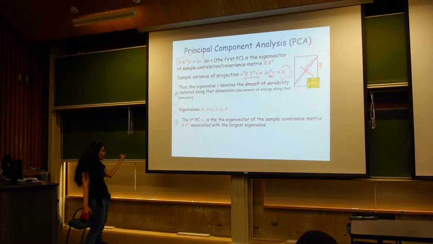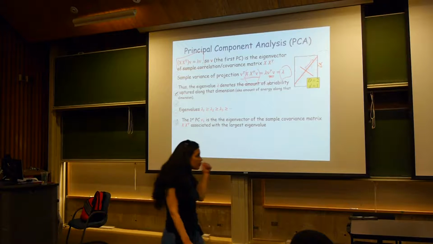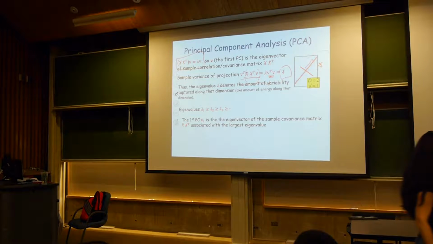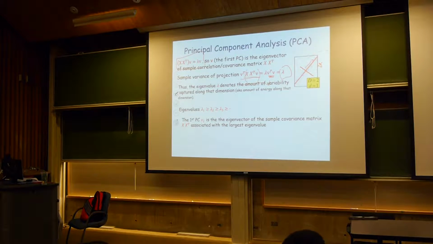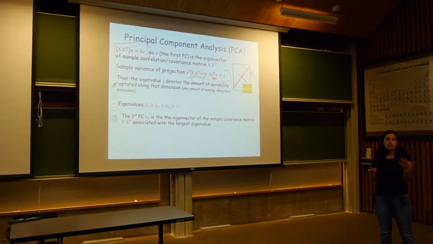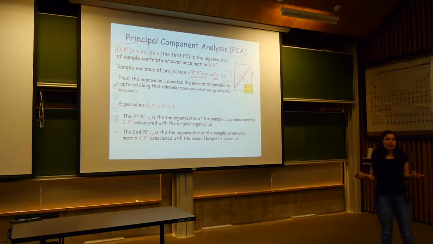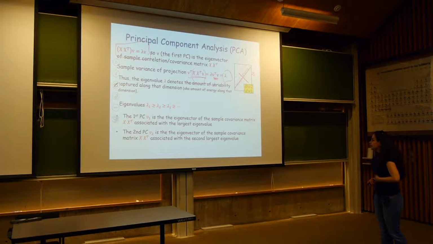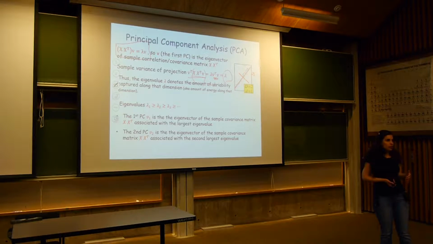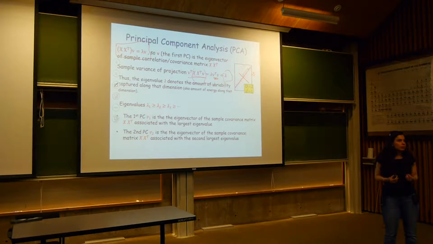Then the first principal component of my data is the first eigenvector, and the variability in that direction is lambda 1. The second principal component will be the second eigenvector, and the amount of variability in that direction will be exactly lambda 2.